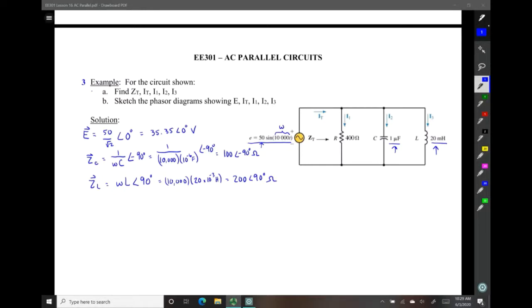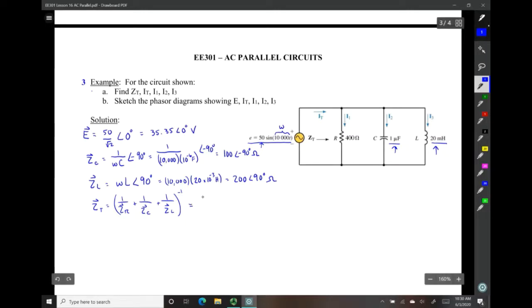And with all of this information, we can now solve for our Z total, which is just going to be equal to 1 over Z of R plus 1 over Z of C plus 1 over Z of L, this whole quantity to the negative first power.